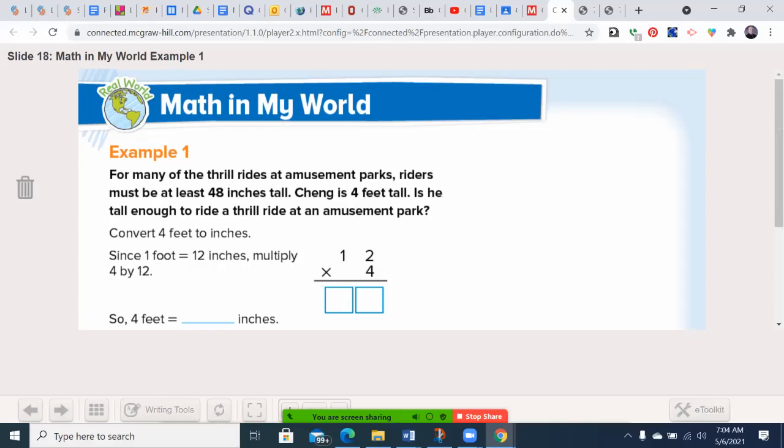A foot equals 12 inches, a yard equals 3 feet or 36 inches, and a mile equals 5,280 feet or 1,760 yards. It's good to have that somewhere available to you, even if you need to write it down. If you keep a math journal, this would be the spot for it.